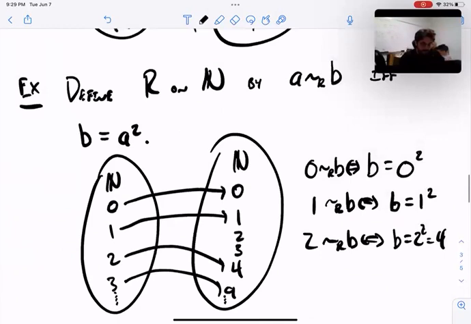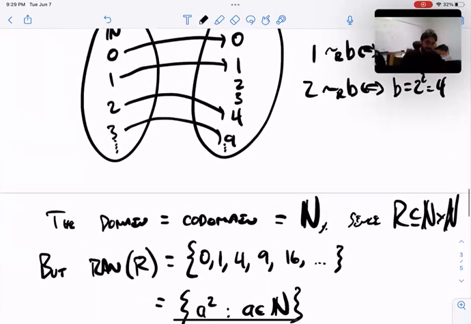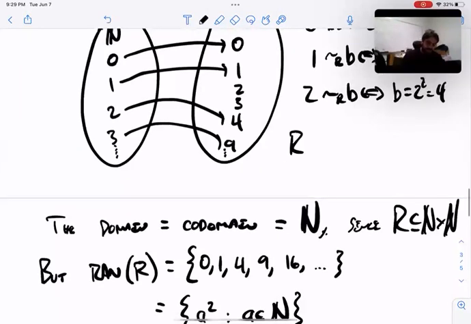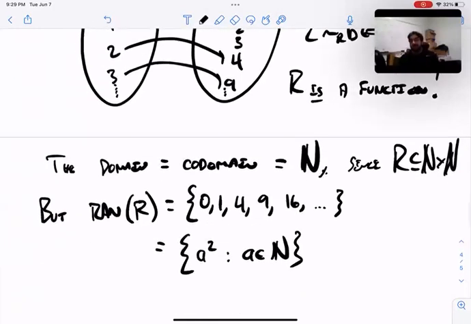So this relation R is a perfectly good function, right? So we even found, which I never wrote, right? So this R is a function. And not only did we figure out that it is a function, but we found the domain, we found the codomain, and we found the range.